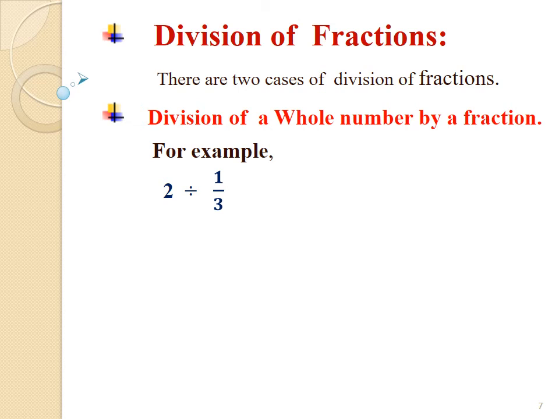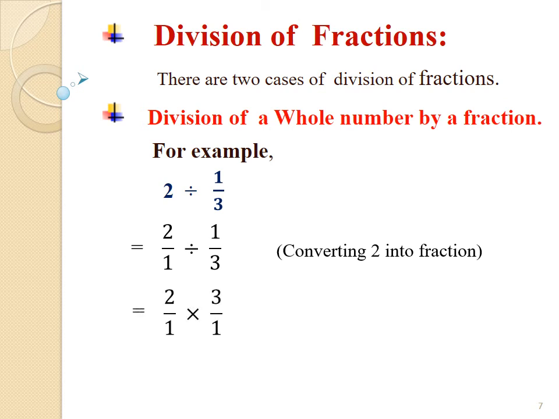Students, first of all, we have to convert whole number 2 into fractional. Thus, converting 2 into fractional, we get 2 upon 1 divided by 1 upon 3. Students, now we have to multiply 2 upon 1 by the reciprocal of 1 upon 3.